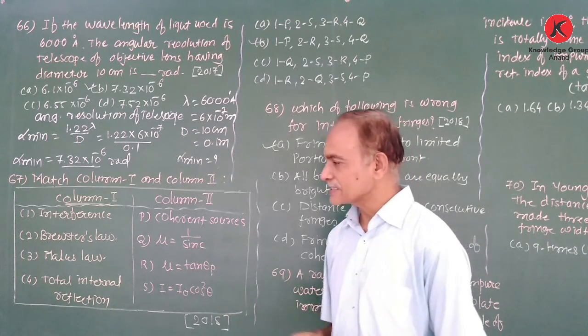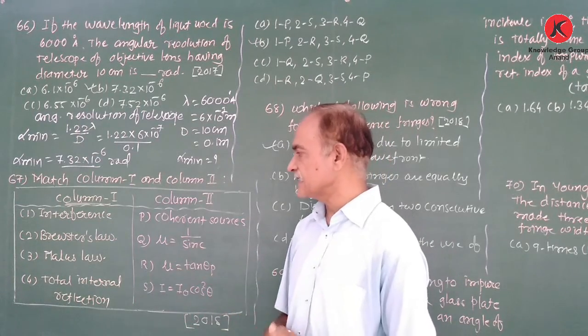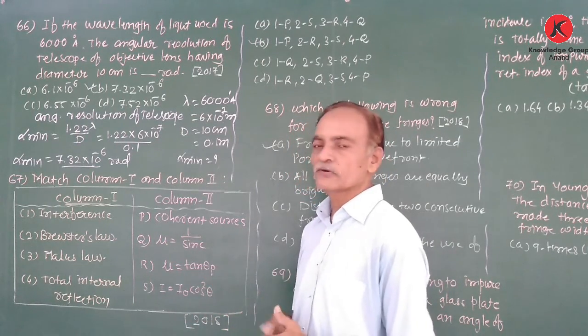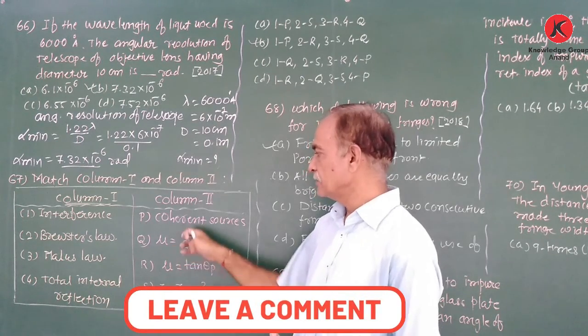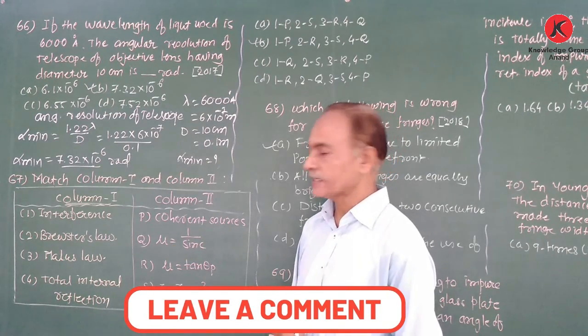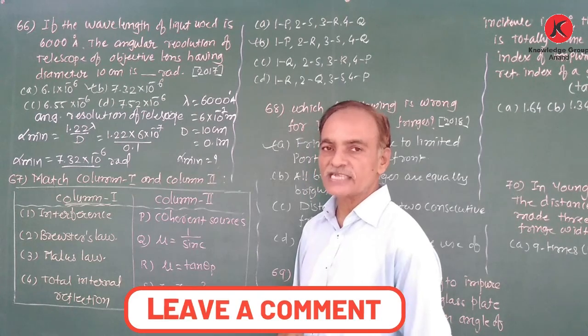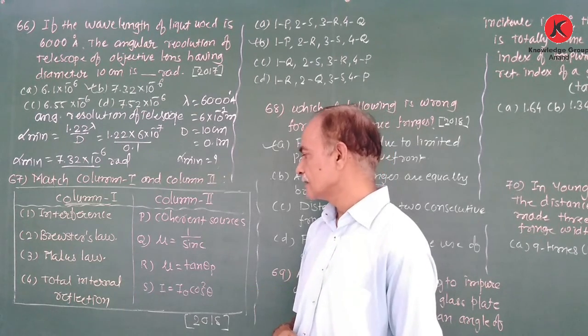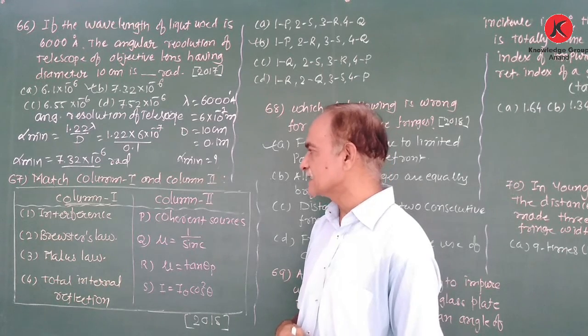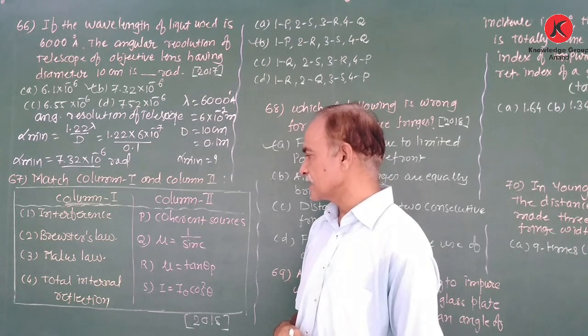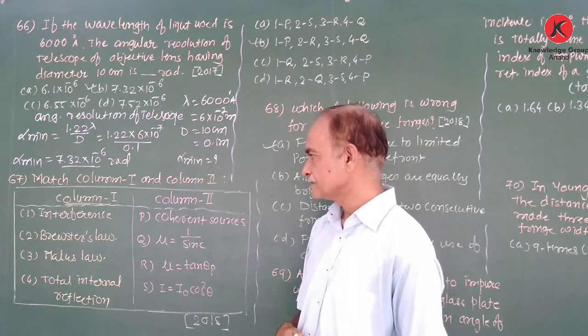So Malus law goes with I is equal to I0 cos square theta, and Brewster's law with mu is equal to tan theta p. Total internal reflection is mu is equal to 1 upon sin c, where c is the critical angle. Right. The confusion is about coherent sources and I is equal to I0 cos square theta.